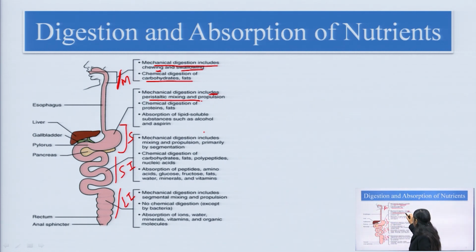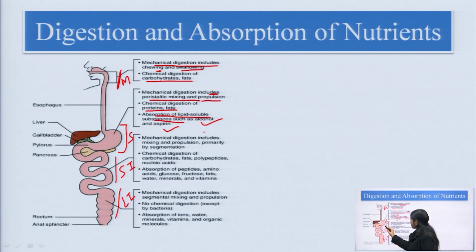Peristaltic mixing and propulsion, the movement of the food, will be there. Now, chemical digestion of proteins and fats, and absorption of lipid soluble substances like alcohol and aspirin, could happen in the stomach area.